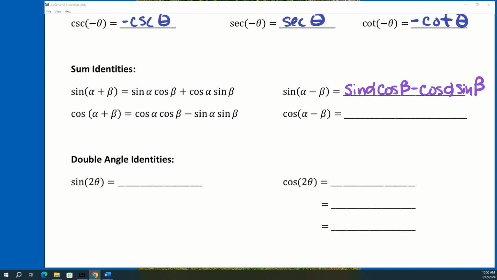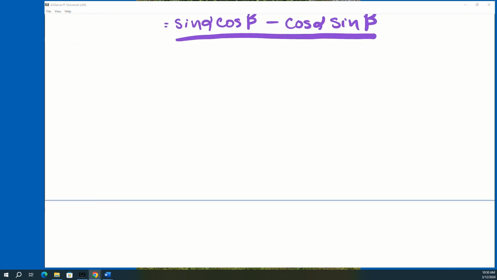Right, now the cosine of two angles added is different. It's a totally different formula. The cosines are together. It's cosine times cosine minus sine times sine. So we're going to use this guy to figure out this identity. I'm going to have you guys do this one on your own, but I'm going to set it up for you.